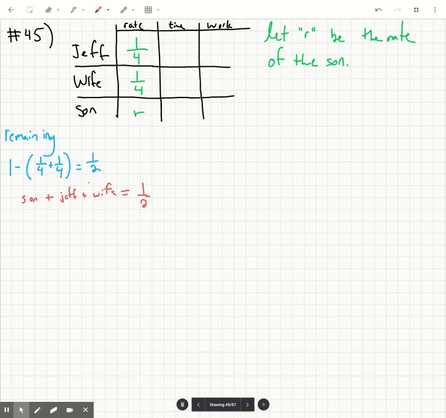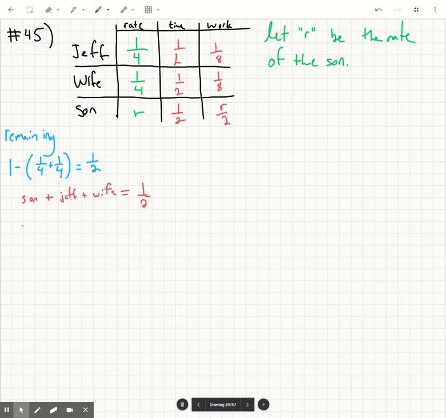And it takes them 30 minutes, so that's only half an hour. So the work done is an eighth from Jeff, an eighth from the wife, and then the son is going to be R over 2.